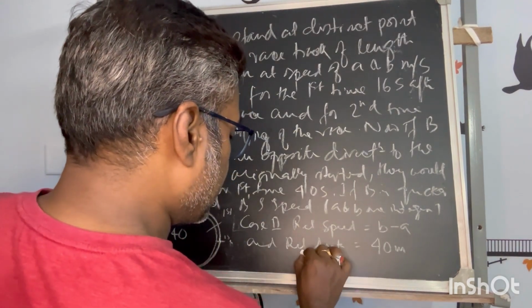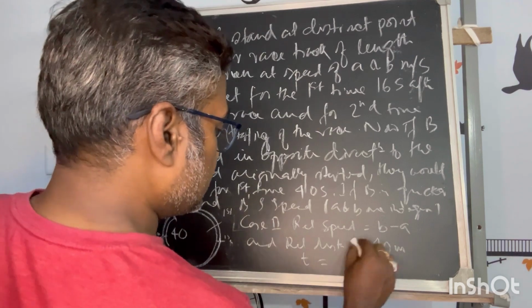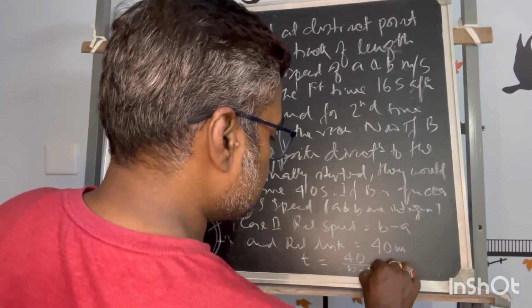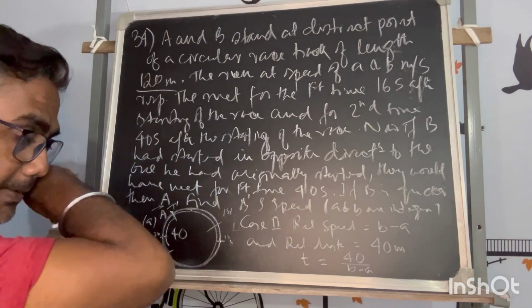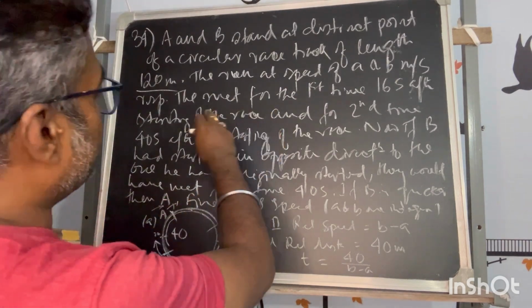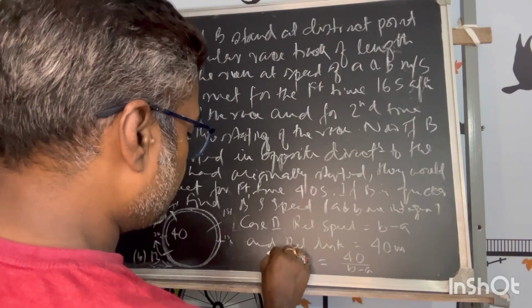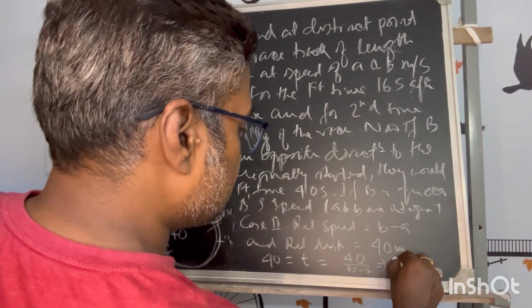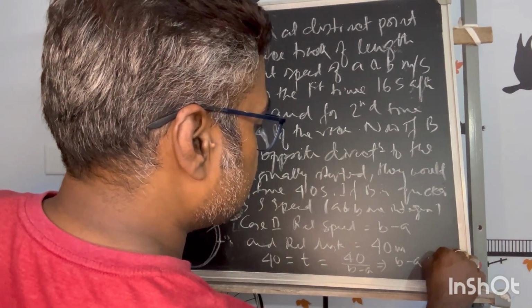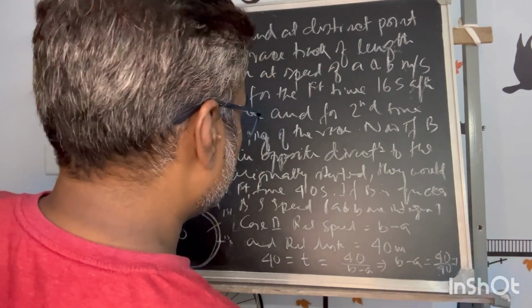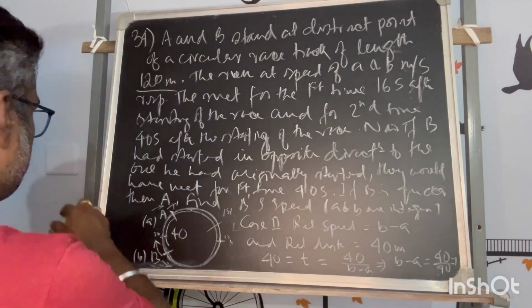So the time by which he will catch A is 40 divided by B minus A, and that time is 40 seconds, as they said. So T is equal to 40. So what is B minus A in this case? 40 by 40, that means equal to 1. So this is your second equation.